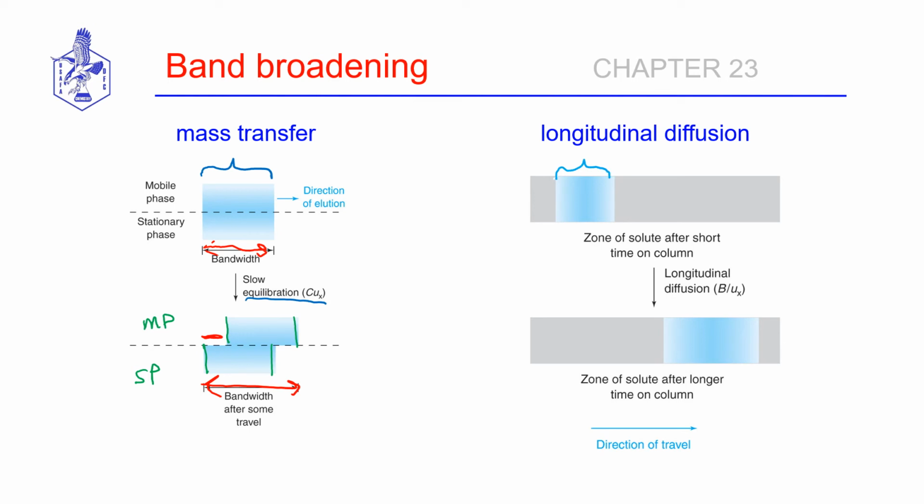But once again, after some time, and as the slug of molecules moves down the column, some of the molecules are going to have a tendency to move in the opposite direction to the flow of the mobile phase, which in this case is flowing in this direction. So at some other point later, the band of my molecules is much wider because some are getting left behind because they move in the opposite direction of the mobile phase just due to the spontaneity of the diffusion process.